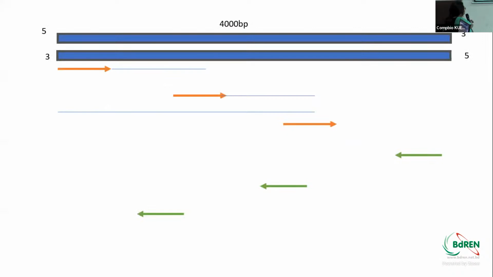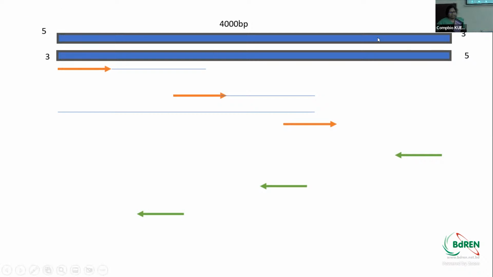The main problem in Sanger sequencing is that it cannot sequence well more than 800 or 1000 base pairs. So if I need to sequence a gene which is 4000 base pairs, I have to sequence it multiple times with multiple primers.